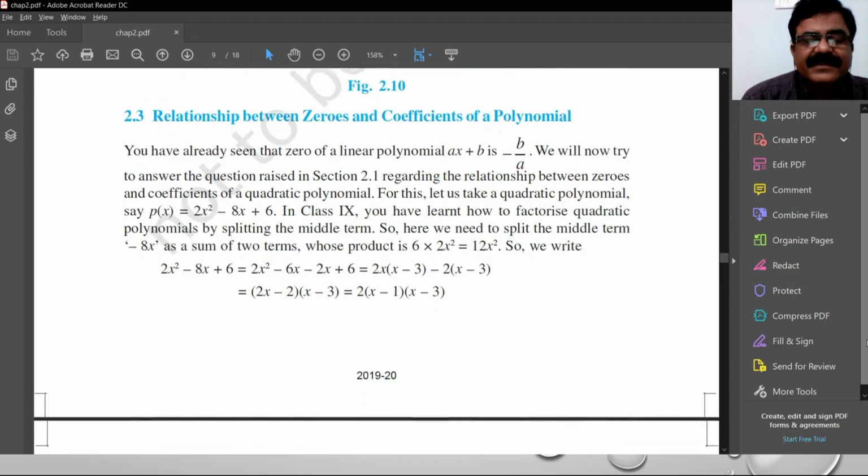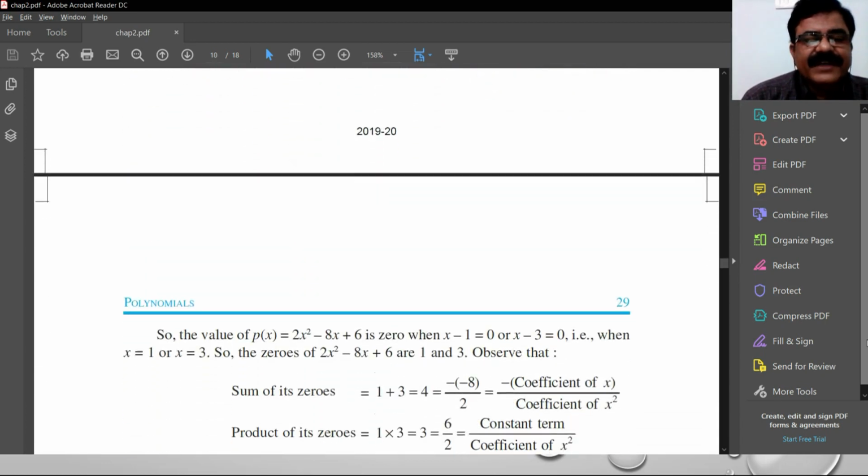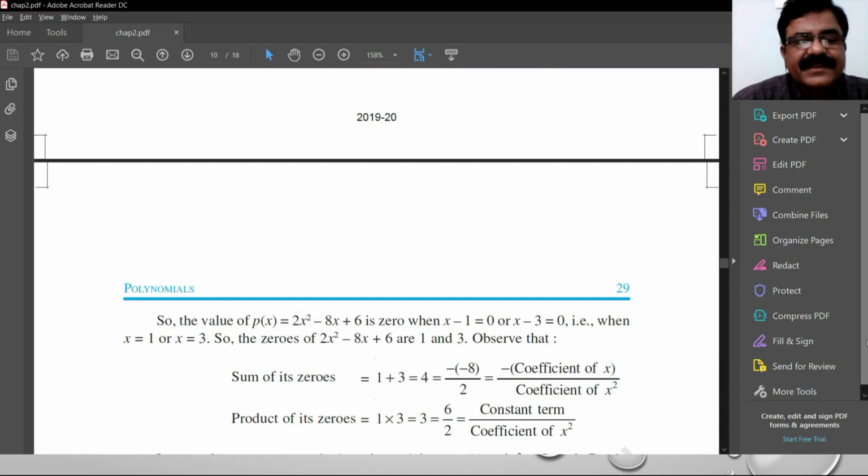These are the factors. So the value of p(x) equals 2x square minus 8x plus 6 is 0 when x minus 1 equals 0 or x minus 3 equals 0, that is, when x equals 1 and x equals 3. So the zeros of 2x square minus 8x plus 6 are 1 and 3.